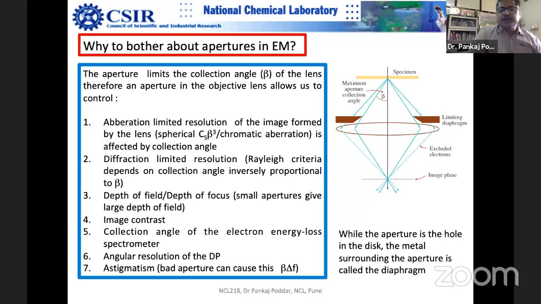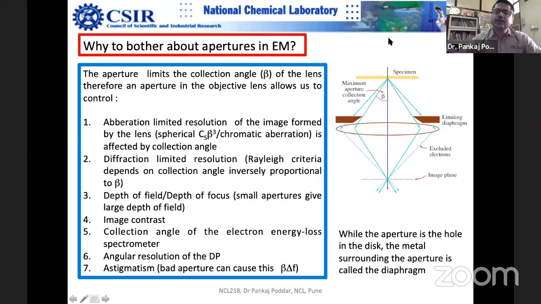Replacing this is not that easy. You have to open the machine, clean it up, then vacuum the entire thing and align the electron beam perfectly, parallel to the optic axis, so that it reaches where it has to reach. This is not a joke. Every part of the electron microscope has so many lenses and apertures.